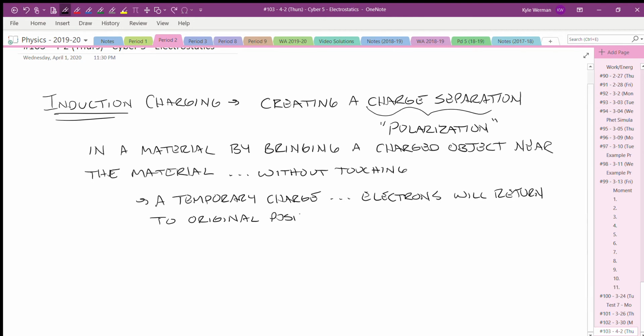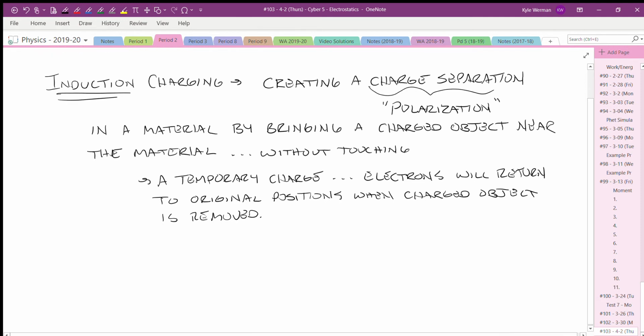So they'll return to their original positions when the charged object is moved away. So again, this is what we call induction.